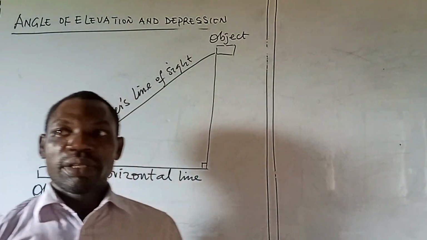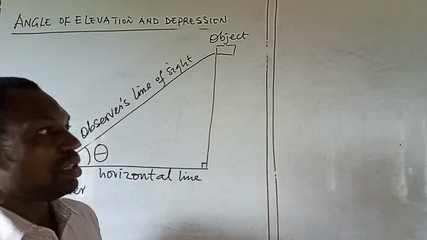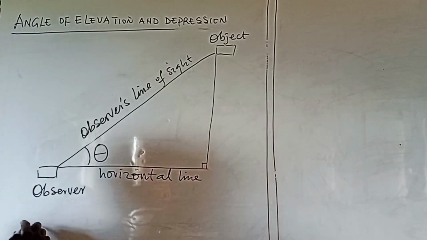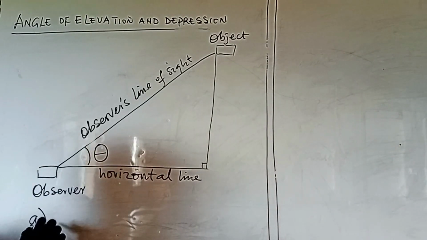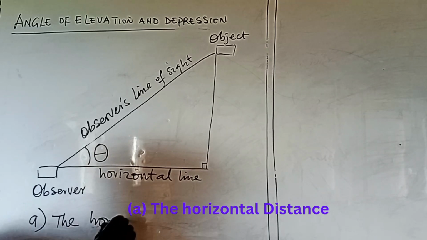In solving problems on the angle of elevation and depression, there are two key factors that should be observed. Number one is the horizontal line, or the horizontal distance.